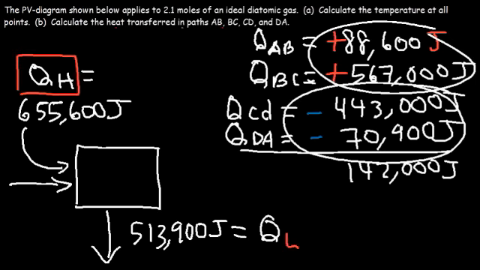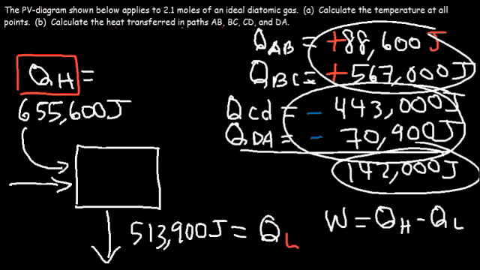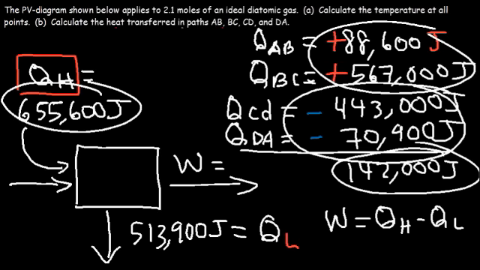QH is the amount of heat energy that enters into the system. The work is the difference between these two values. 655,600 minus 513,900 is equal to approximately 142,000 if you round it. So that's how much energy that came from heat and that was transferred into mechanical work.